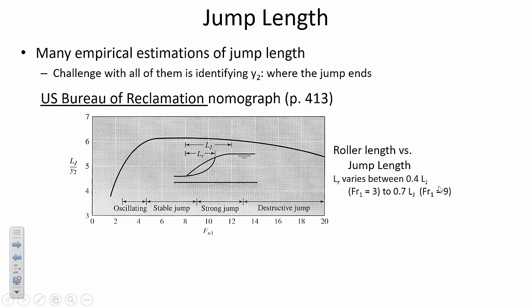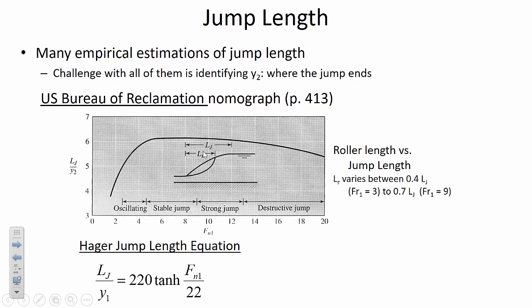If you have a higher Froude number, then that could be 7/10 of the overall jump length. That's just kind of a rule of thumb, empirically observed, for the ratio of the roller length to the jump length.